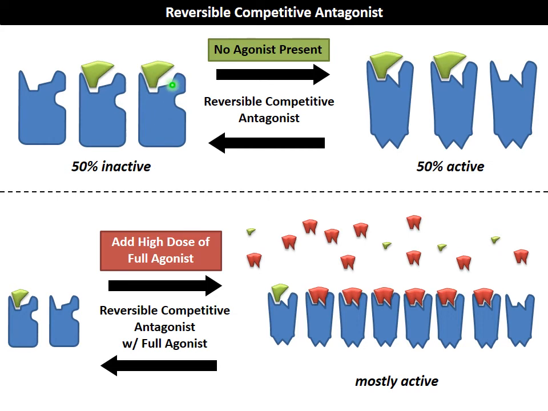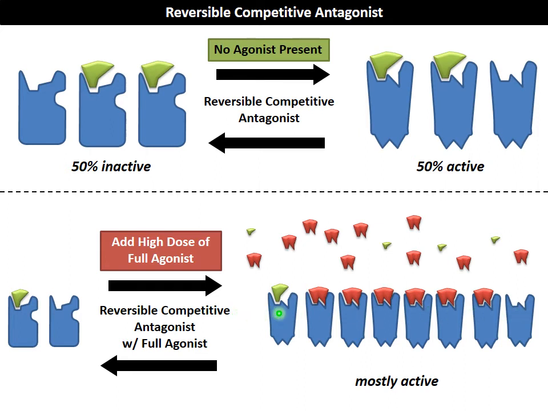But if any of these receptors decide it's their time to shift back to the active conformation, we have so much full agonist that one of these will trap it. You'll trap one of those receptors in that active conformation for a longer period of time than normal, and then overall it'll keep us mostly active.